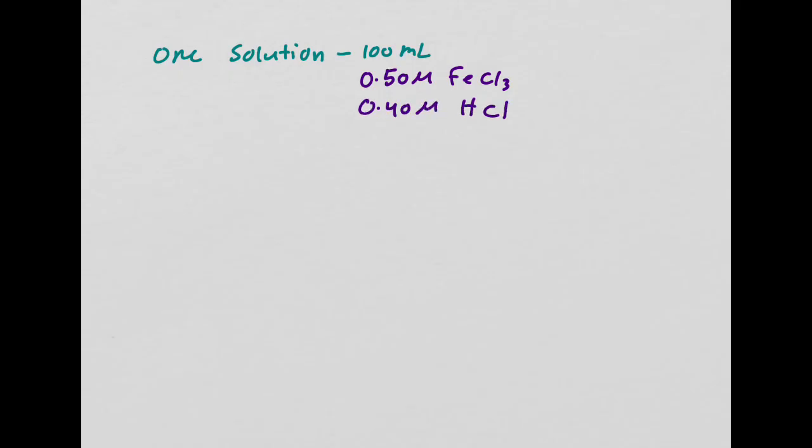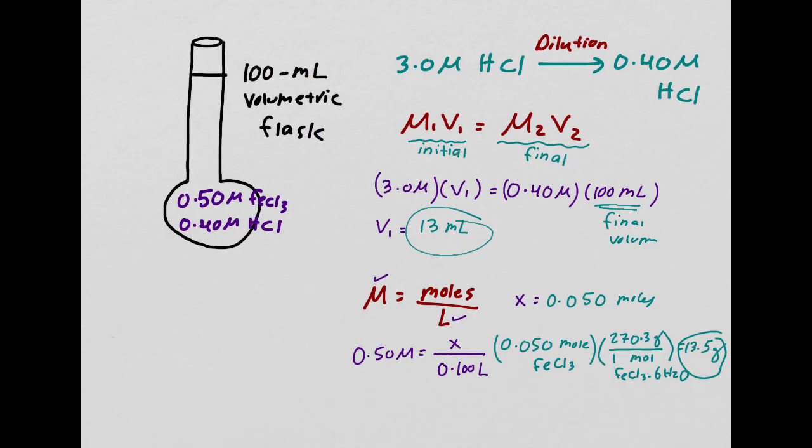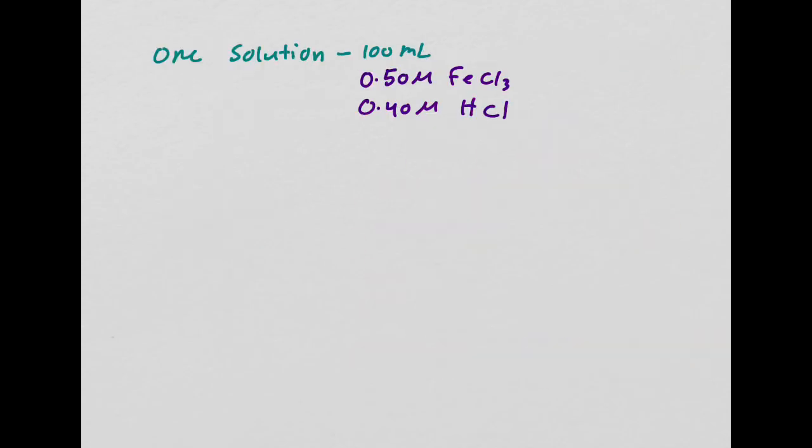Your numbers are different. Don't forget that. So we want one solution that has those concentrations. How are we going to accomplish that? We know how to accomplish that. We just did the math to figure out how to do this.